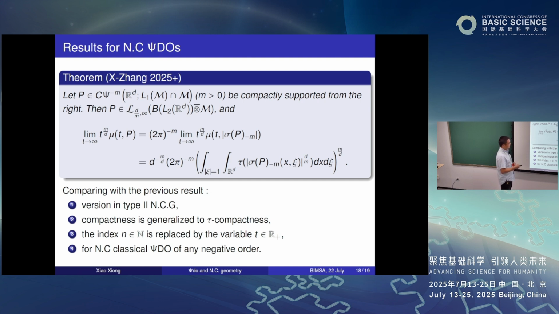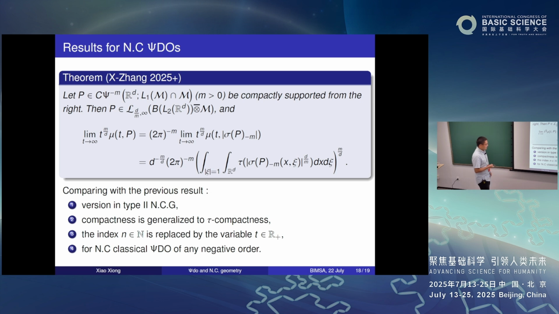Well, we can call it tau-compact. We may say that it is compact with respect to this part, but not compact with respect to this part.